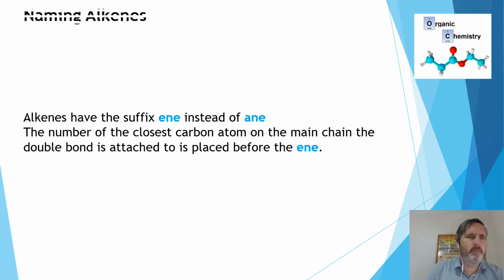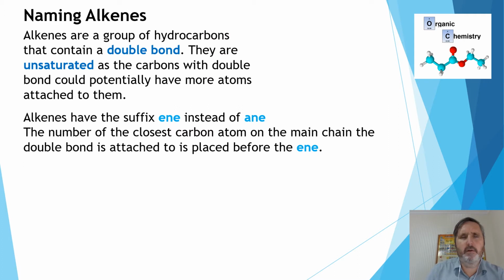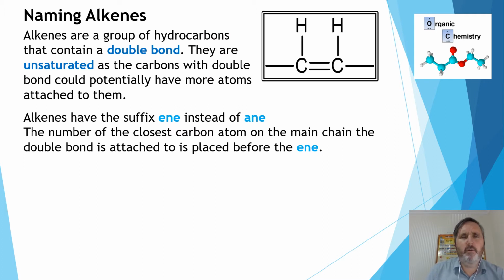Okay, so an alkene is a molecule that has a double bond in it. So the carbon forms two sharing bonds. So there are 4 electrons or 2 pairs in between these 2 carbon atoms here. Because it has 2 bonds, it's got the potential for 1 bond to break, and you could potentially add 2 more hydrogens.